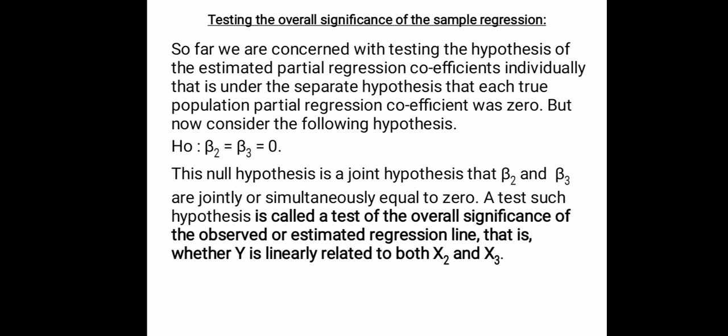They give one statement, testing the overall significance of the sample regression means, and give four answers. The right answer is jointly influencing the dependent variable.